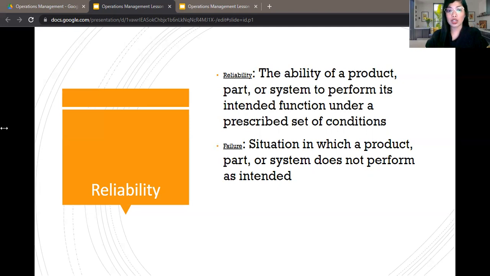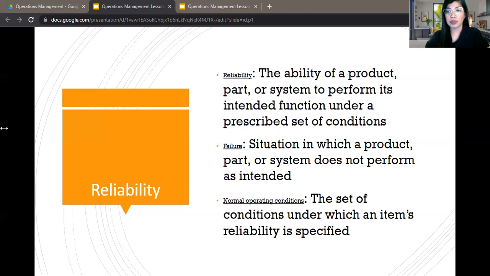This can also include load, temperature, and humidity ranges, and other uncontrollable factors, as well as operating procedures and maintenance schedules. The normal operating conditions are the set of conditions under which an item's reliability is specified.